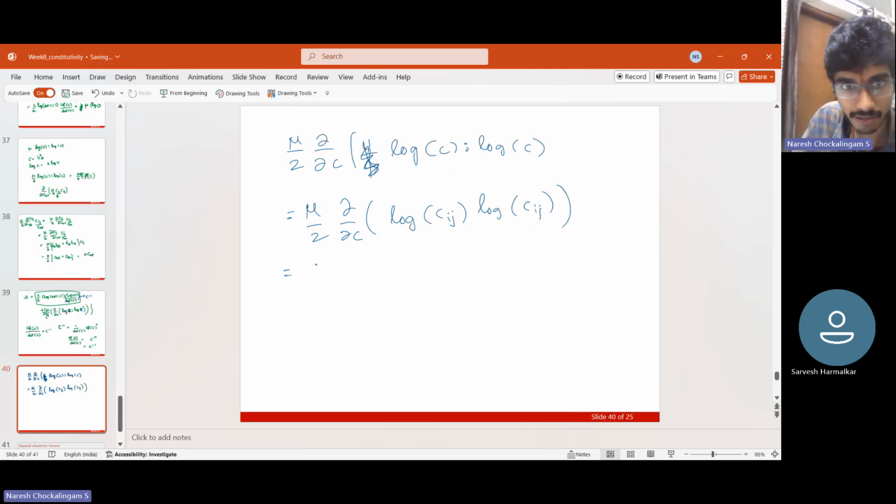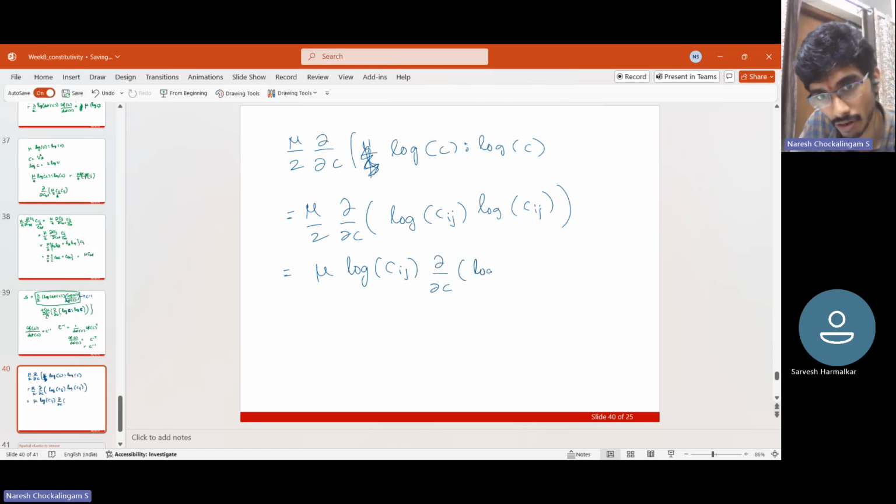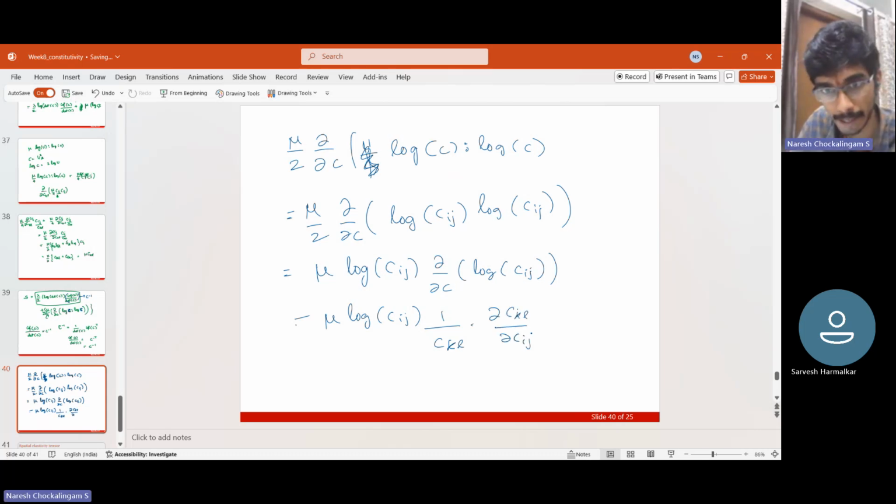This is symmetric, so you get a mu. Use the chain rule, you get a log Cij dou by dou C of log Cij. What is dou by dou C of log Cij? Use the product rule, use the chain rule, so you get 1 by CKL dou CKL divided by dou Cij.